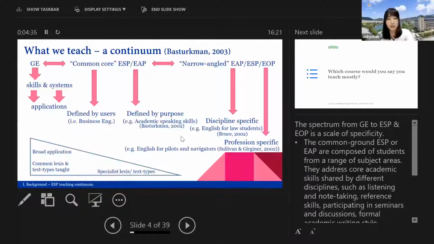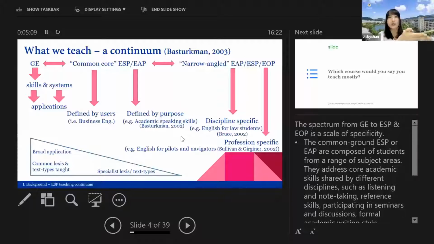Moving on to the middle, the Common Core ESP or EAP courses are composed of students from a wider range of subject areas. Usually such a module addresses core academic skills shared by different disciplines. For example, listening, note-taking skills, referencing, APA, MLA, participating in seminars or academic discussions, formal academic writing style, or conducting academic research.